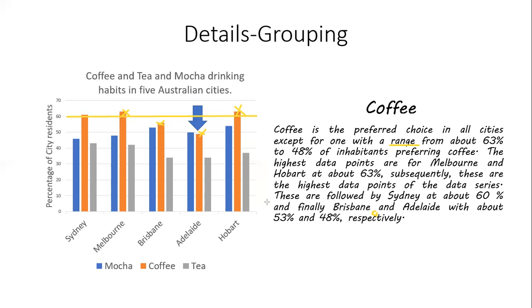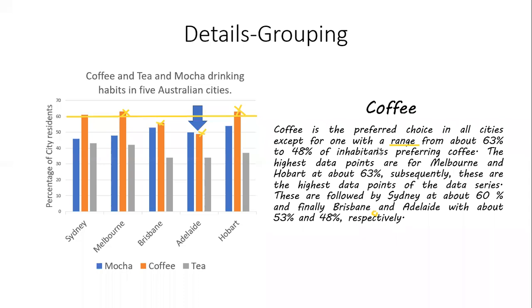Okay, so I've just mentioned that. Okay, these are followed by Sydney at about 60%, and finally Brisbane and Adelaide with about 53% and 48% respectively. Okay, so that's coffee.